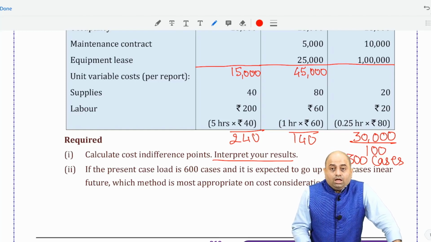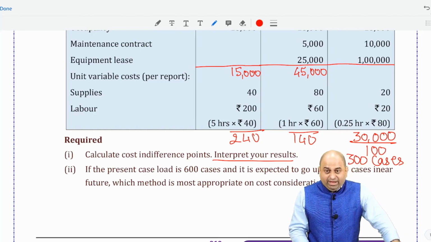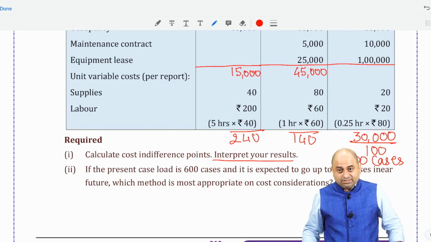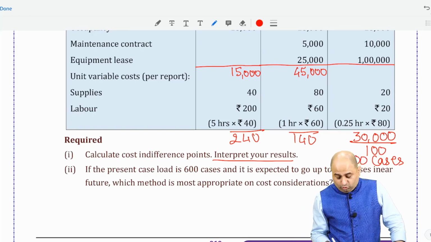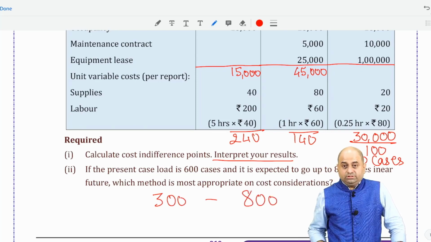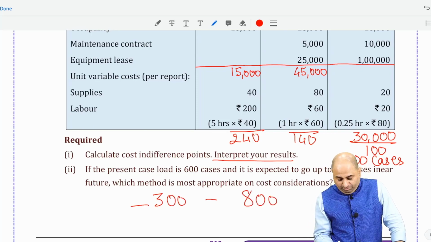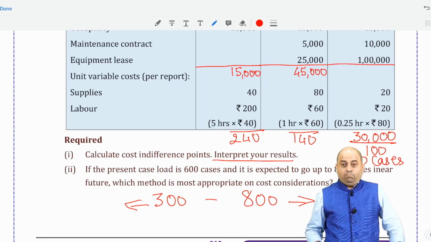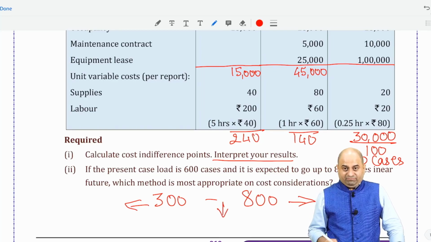Well, the best way to interpret the results is to take examples. You would have solved this question, and your range would have been 300 to 800 cases. So take 3 examples: one falls below 300, another falls above 800, and one more falls somewhere in between.